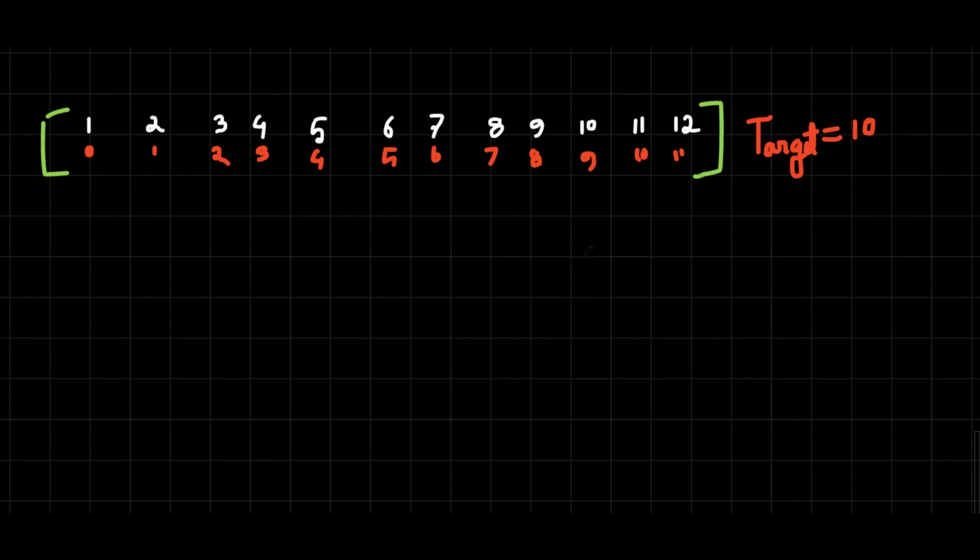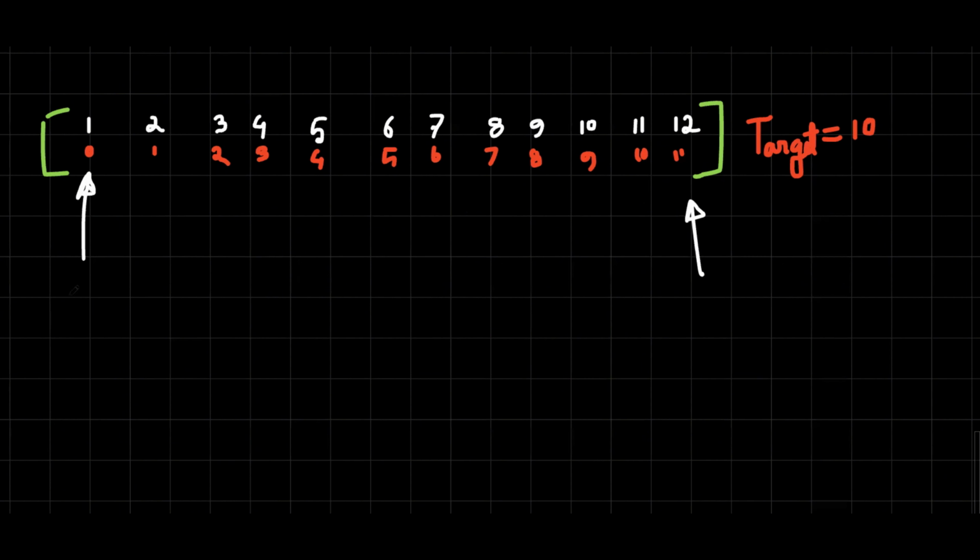Now, how to implement this algorithm? In this binary search algorithm, we will take several pointers. This is the first pointer, which is here, and this is the last pointer, which is here.